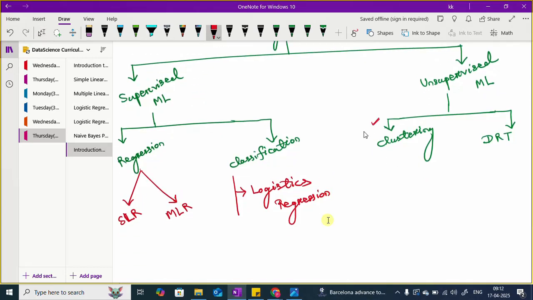So as part of today's class and the next class, we will extensively see what clustering is. As part of clustering, we are trying to cover two main important algorithms: K-means clustering, and another one called hierarchical clustering.